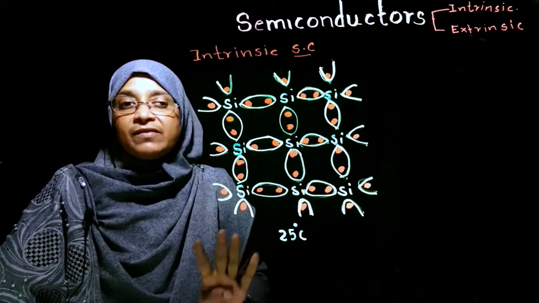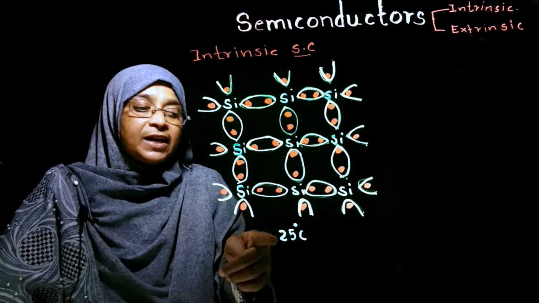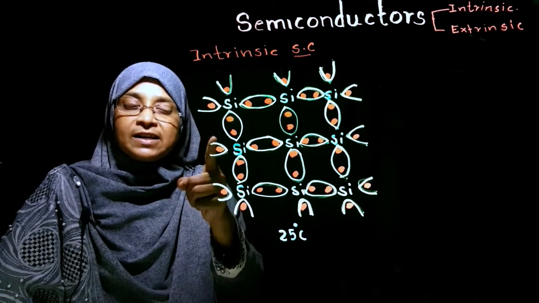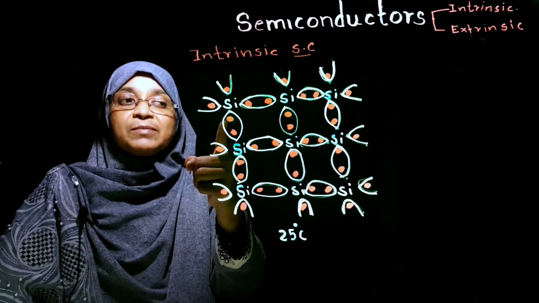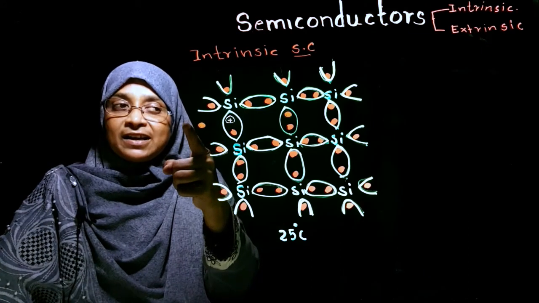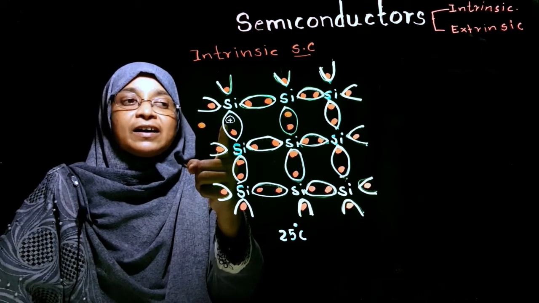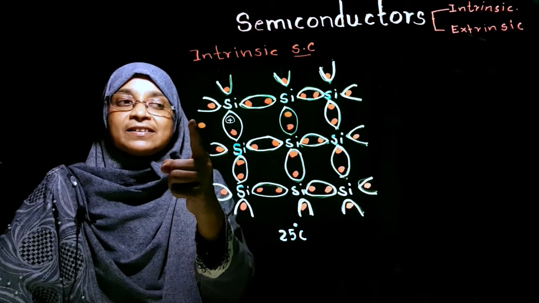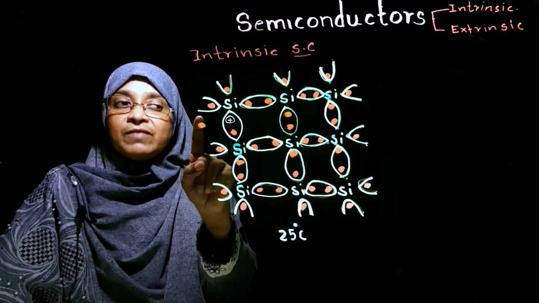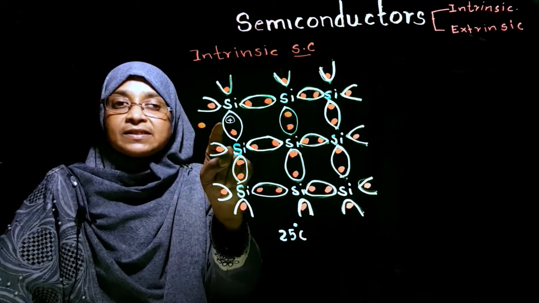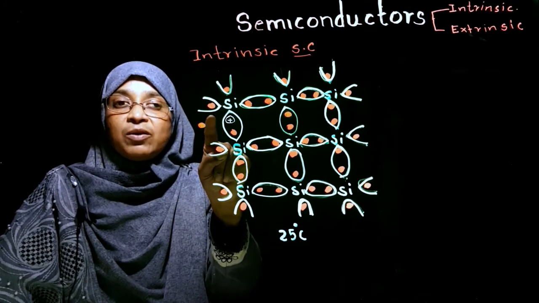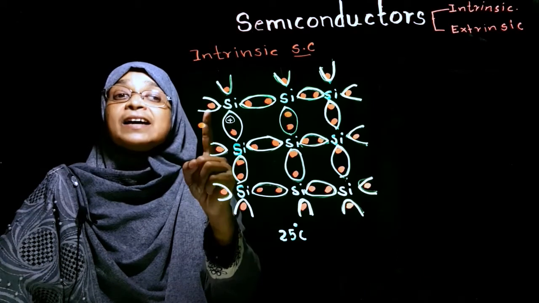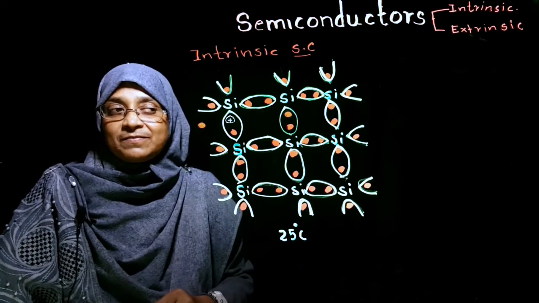These bonds are weak. When the temperature increases, you can see here the bond is breaking. A free electron is released. And what happened to the space? There is a hole. This hole represents a positive charge.